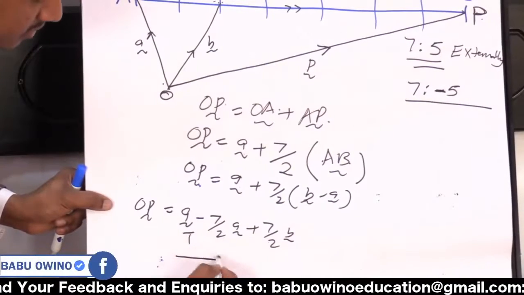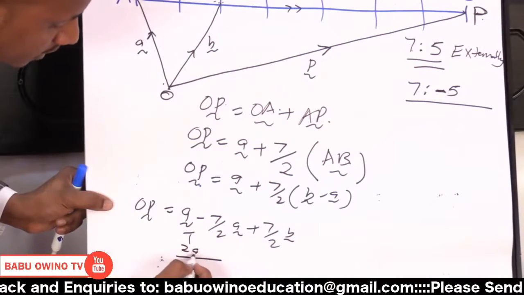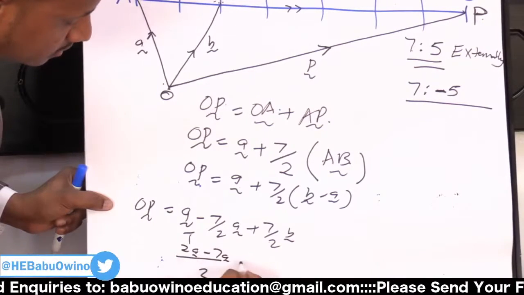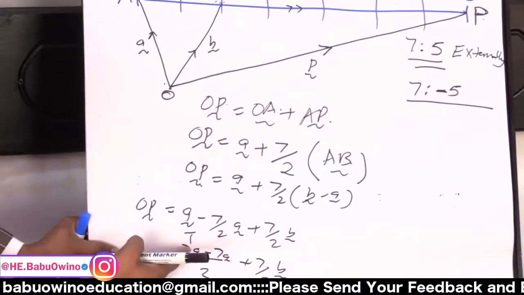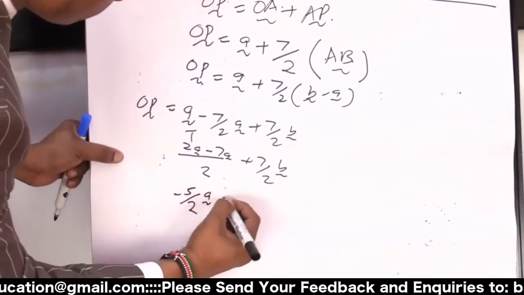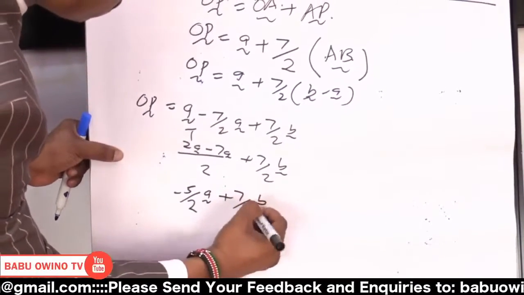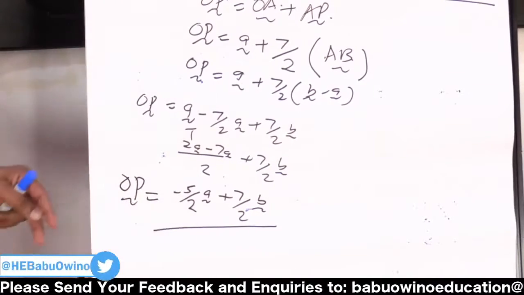Then find LCM, which is 2. Then this is 2A minus 7A plus 7 over 2B. So 2A minus 7A is minus 5 over 2A plus 7 over 2B. So this is the position vector OP.